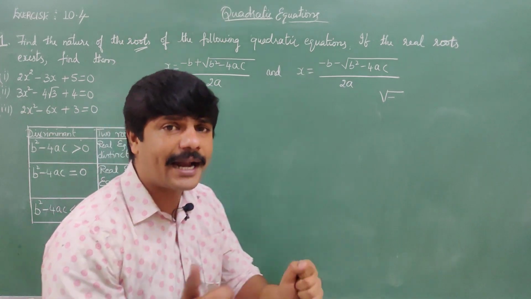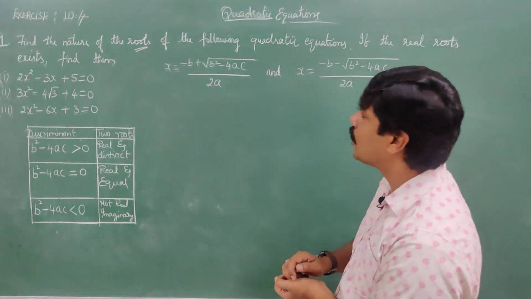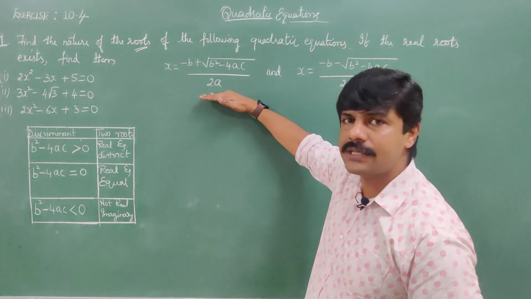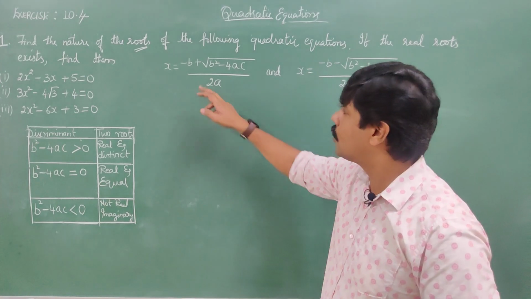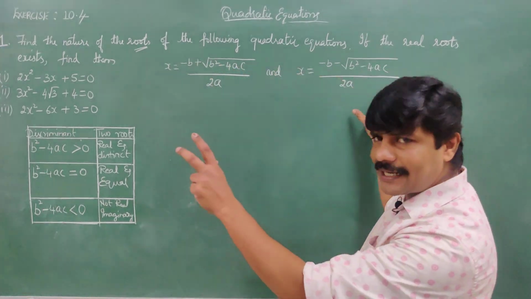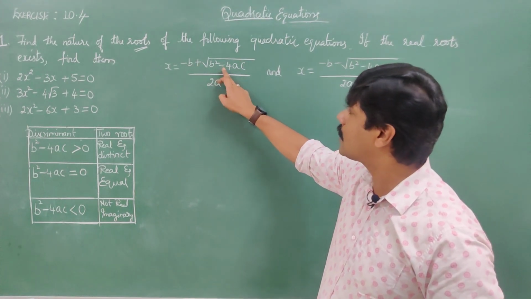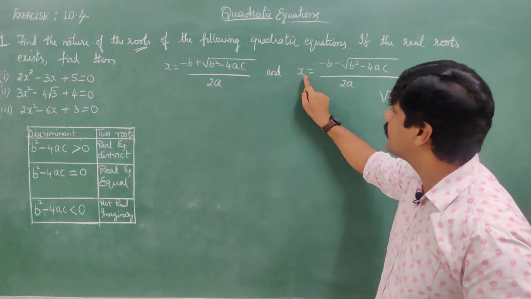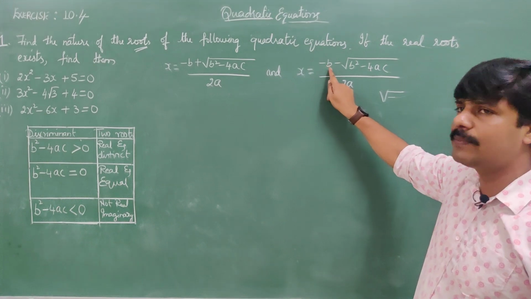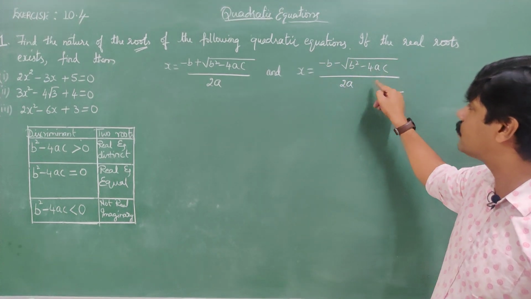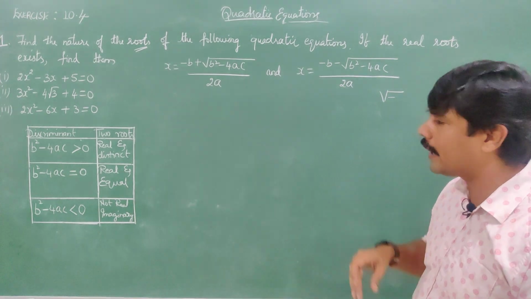So how do you find that? For that you should know the quadratic formula. So x is equal to, here it is split and written, x equals minus b plus square root of b square minus 4ac, by 2a, and x equals minus b minus square root of b square minus 4ac, by 2a.